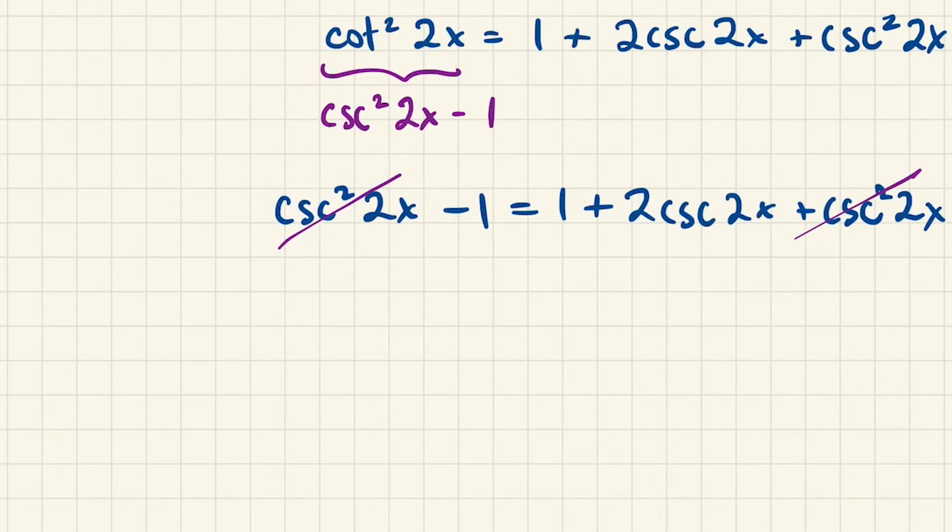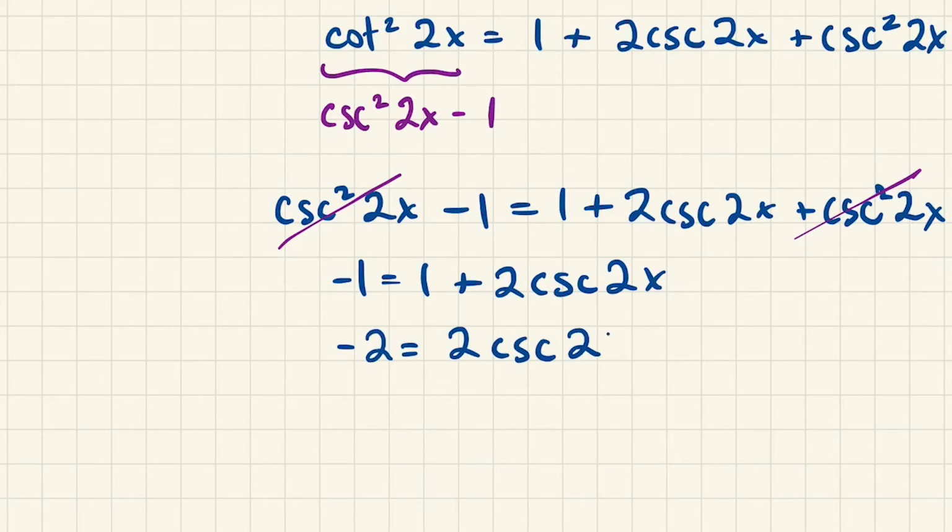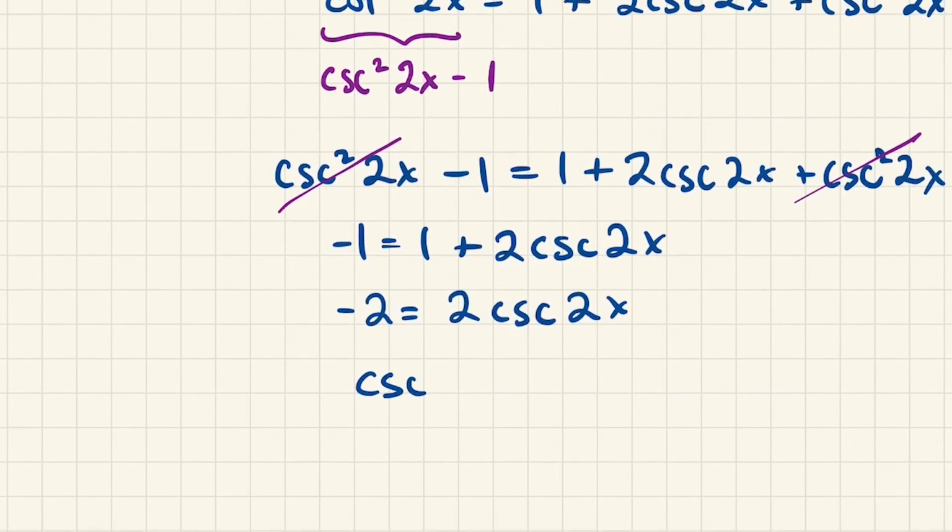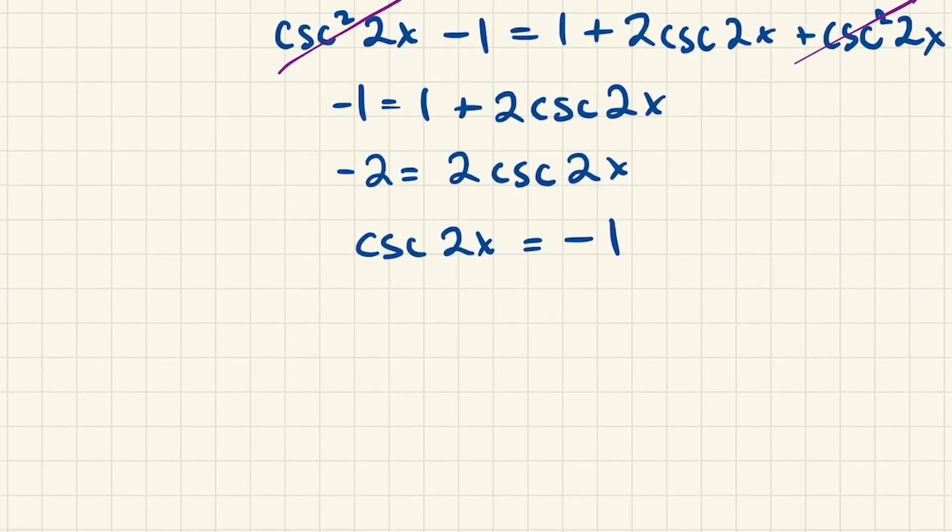Wonderfully, we can cancel cosecant squared from both sides of this equation. So what we have is negative 1 is equal to 1 plus 2 cosecant of 2x. So subtracting 1 from both sides, we get negative 2 is equal to 2 cosecant of 2x, and therefore cosecant of 2x is equal to negative 1.